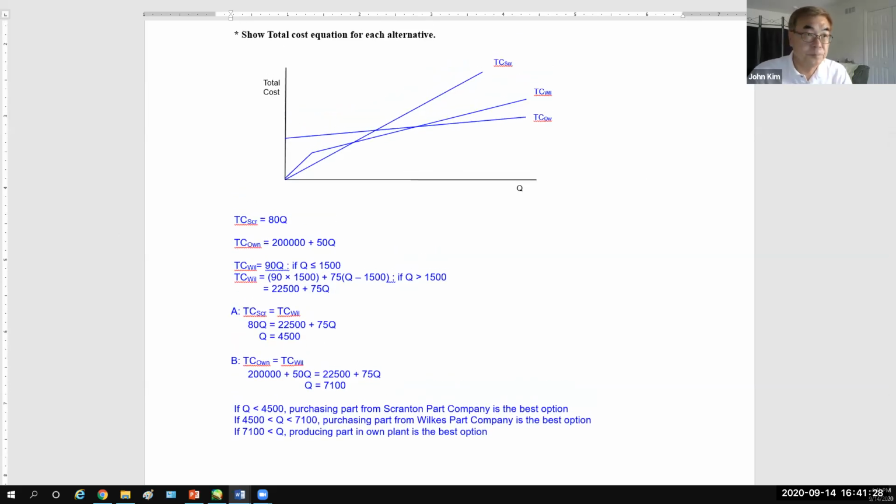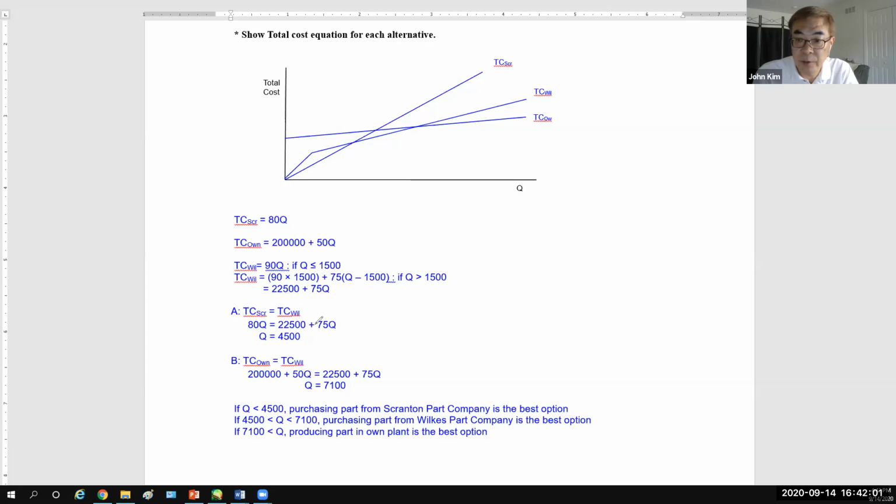Okay, so on this point, TCS equals TCW. Substitute: TCS is 80Q, TCW is this one, 22,500 plus 75Q.